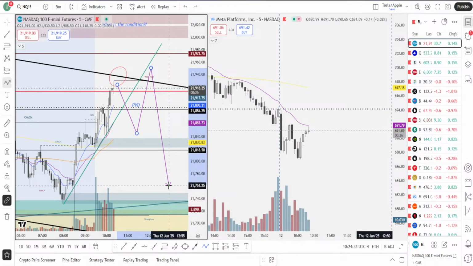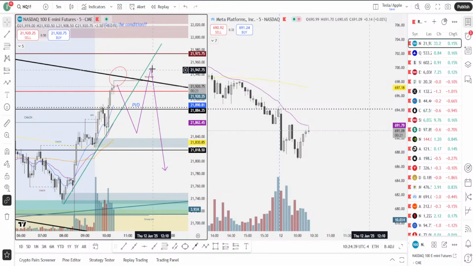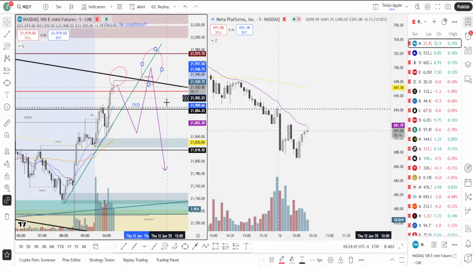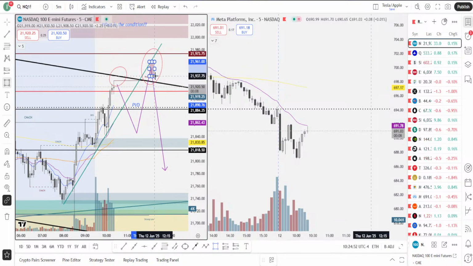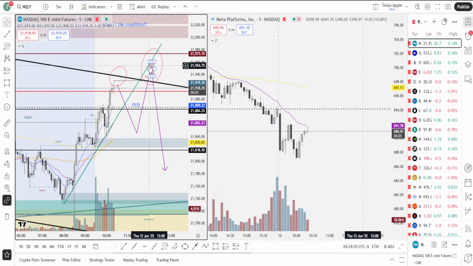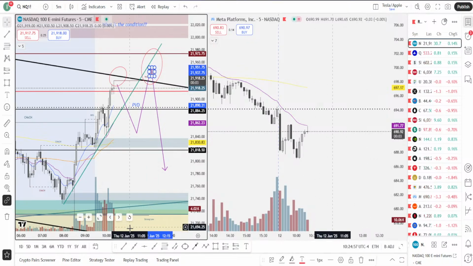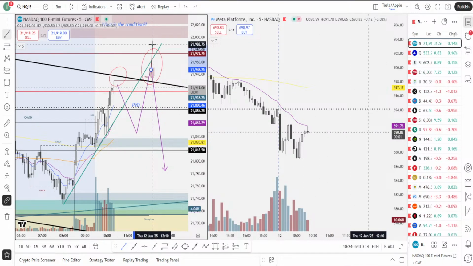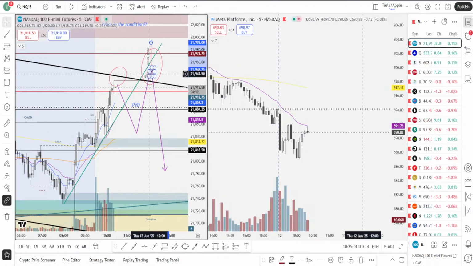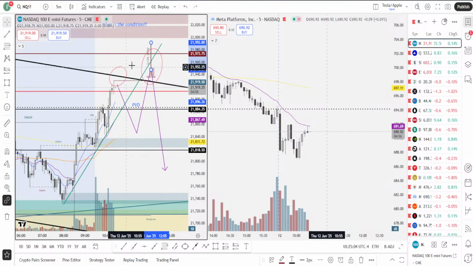But if we do make a higher high, you will usually get a big reaction from the sellers here, or you will get a very long wick candle. You will get a candle like this with a very small body and a long wick, or some kind of sign that this is a strong reaction upon making that next high.